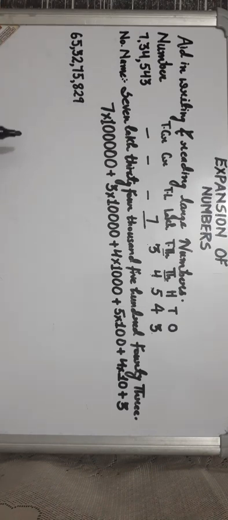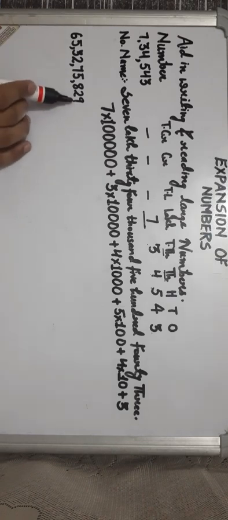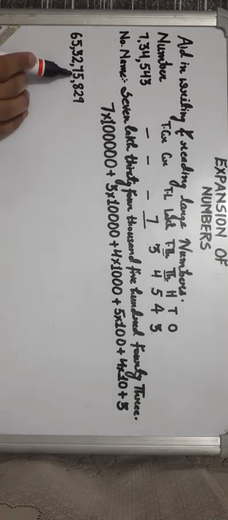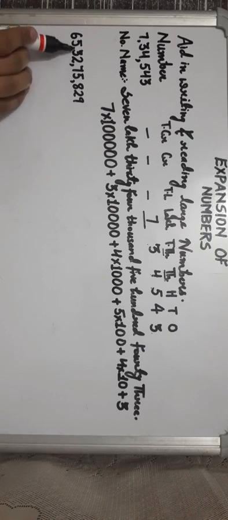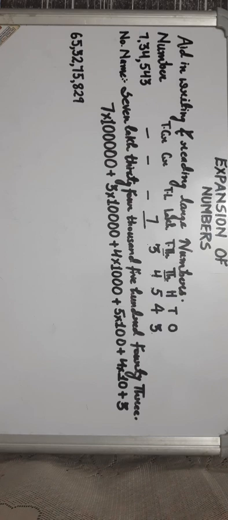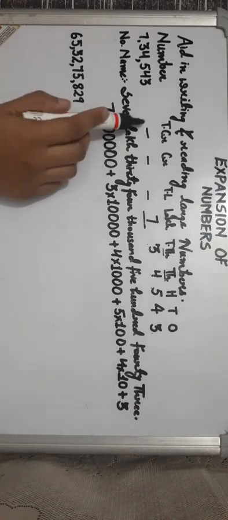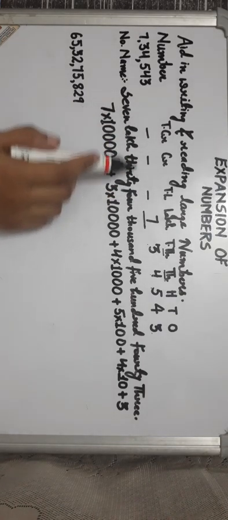Now first read the place values. Ones, tens, 100, 1000, 10,000, lakh, 10 lakh, crore, 10 crore. Now, with this example, we can fill these place values also.